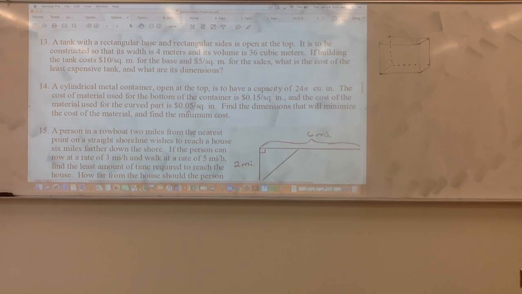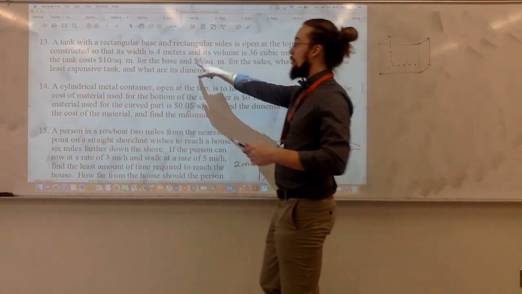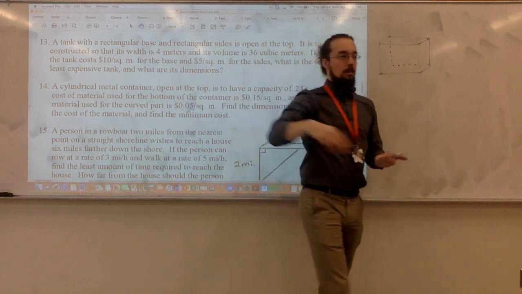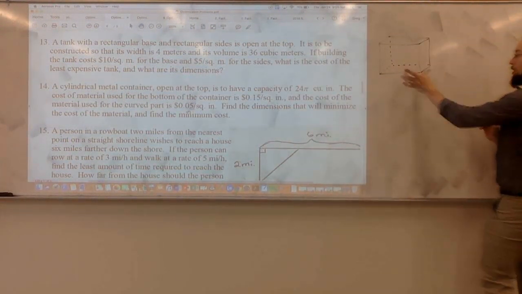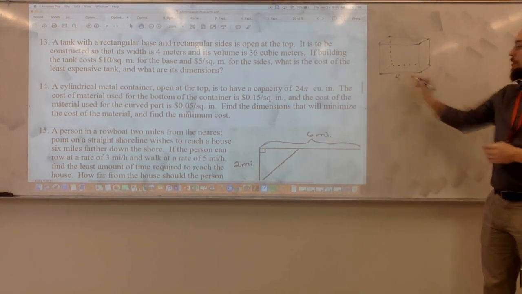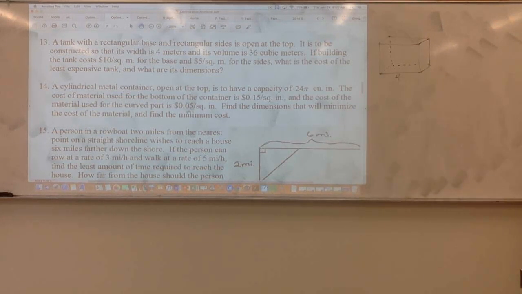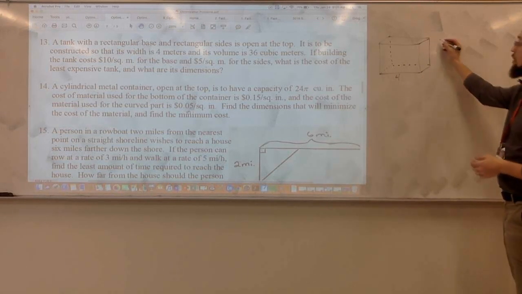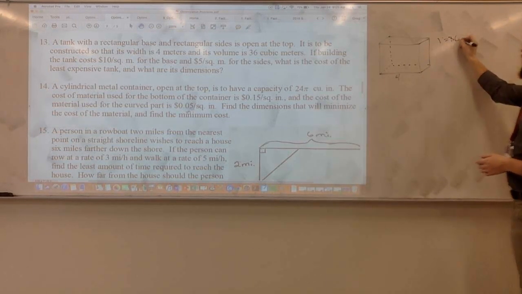So we know for sure 2 things, right? We know that the width is 4. It doesn't really matter which dimension I make the width. We can say that that's 4. And we know the volume is 36. We're given that much information.